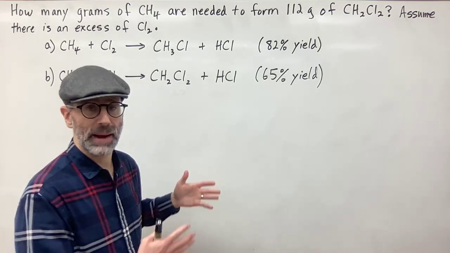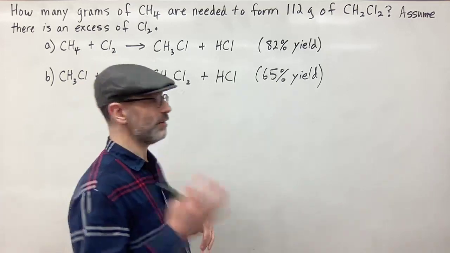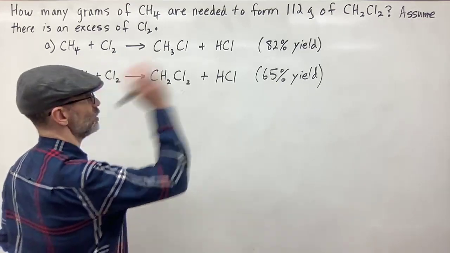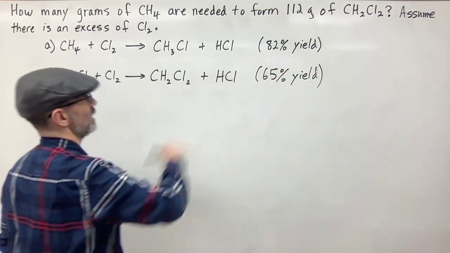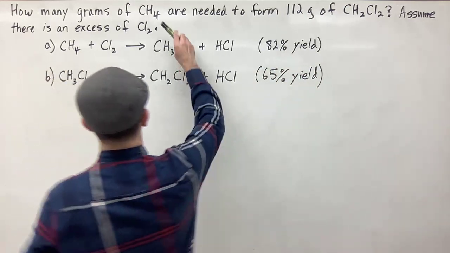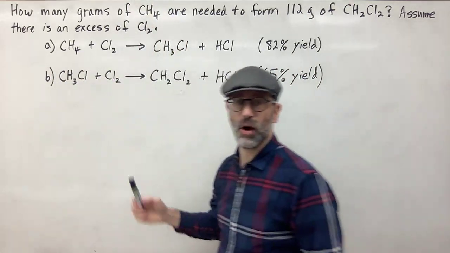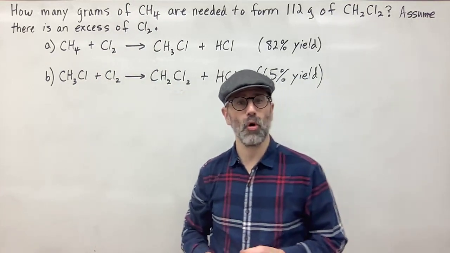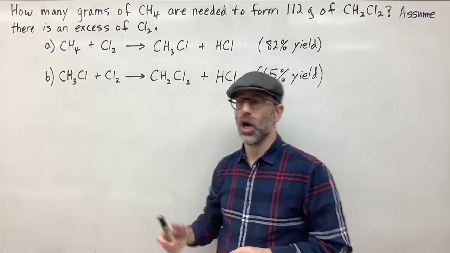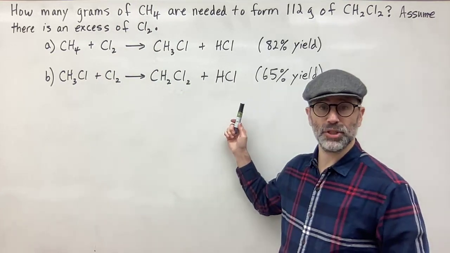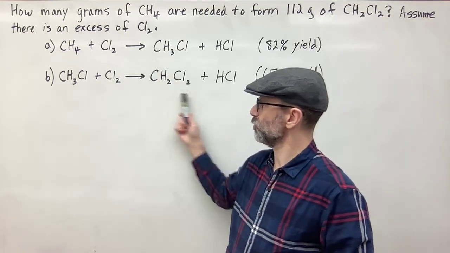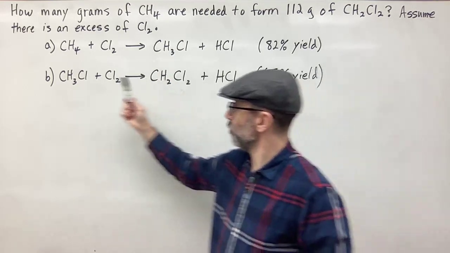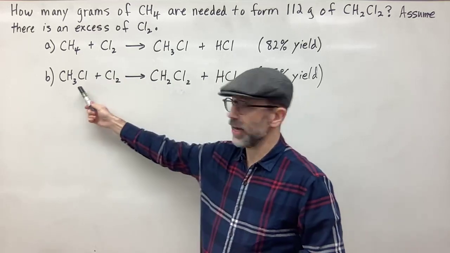Well, we have to work backwards like we normally did. So if they gave us 112 grams of this and they want to know how many grams of CH4 or methane I need to begin with, we would just use stoichiometry and say, we'll convert this grams to moles, use the mole ratio here, right?